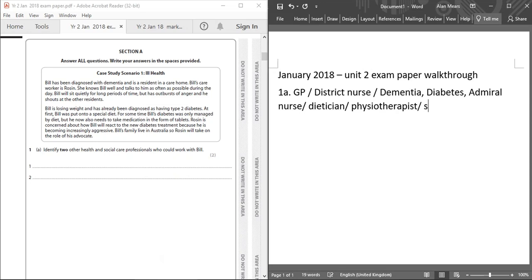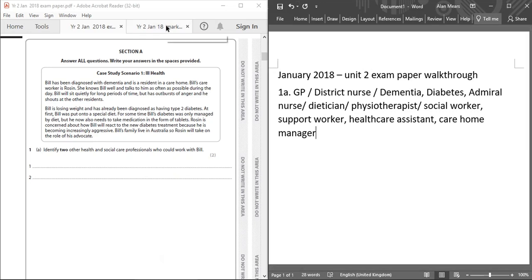You might even see a social worker. Support workers, it could be a healthcare assistant. Also, he's living in a care home, so we could have a care manager or care home manager, someone who would interact with him. So you're quite spoilt for choice a lot of the time with these questions. There are a lot of people who can fit into this answer.